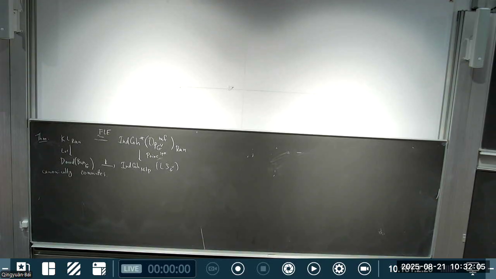If you think of an object here as something living over the Ran space with an action, you take invariance and then you integrate over the Ran space.